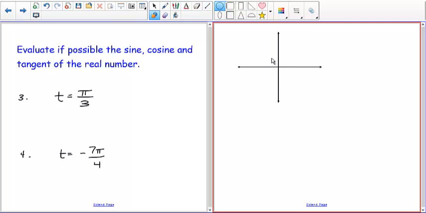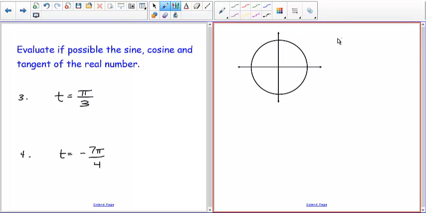Here is our circle. And remember, the x-coordinate is the cosine. The y-coordinate is the sine. And it's going to take on a value of either 0, a half, the square root of 2 over 2, the square root of 3 over 2, or 1.